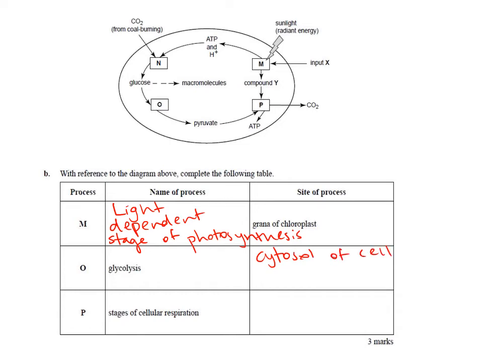Okay, and then P is the stages of cellular respiration. And it's specifically the stages of aerobic respiration because we know oxygen has come in. So therefore, our site for that is a mitochondrion.